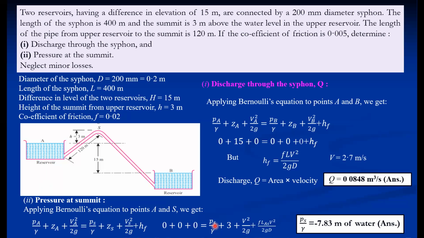This numerical is practically illogical, or we can say a wrong numerical as far as the values are concerned, because practically this pressure should not be below minus 7.6. If it goes beyond that, the absolute pressure falls below 2.7.